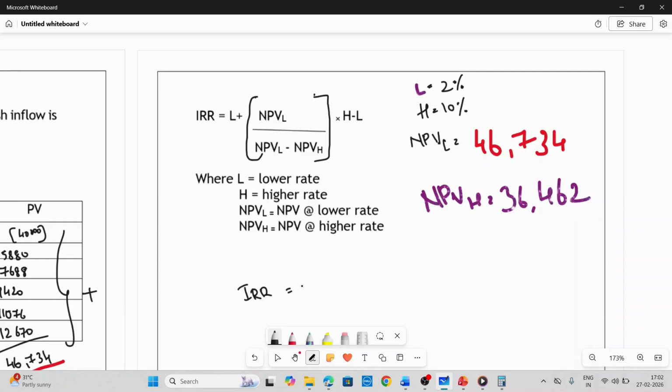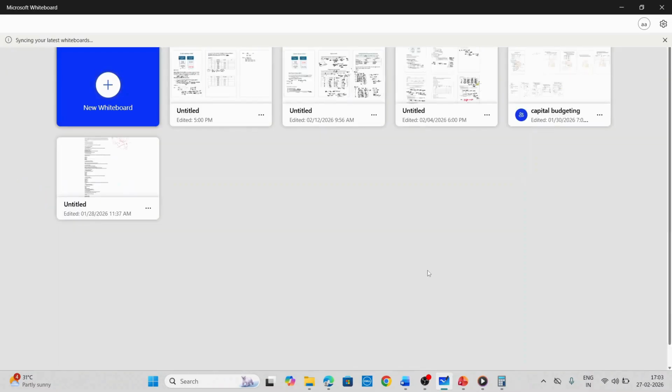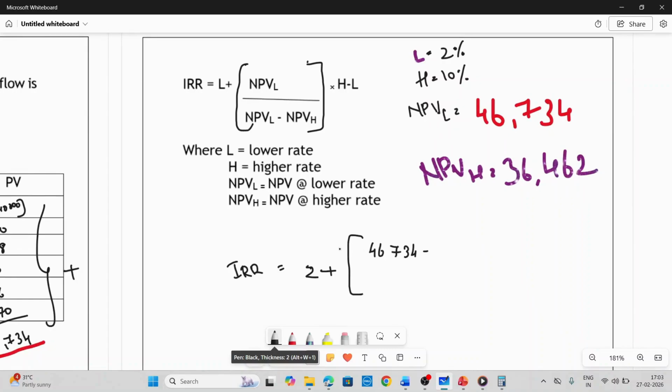IRR equals, what is L? L is 2%. So 2 plus, what is NPV L? It's 46,734 minus the initial investment.